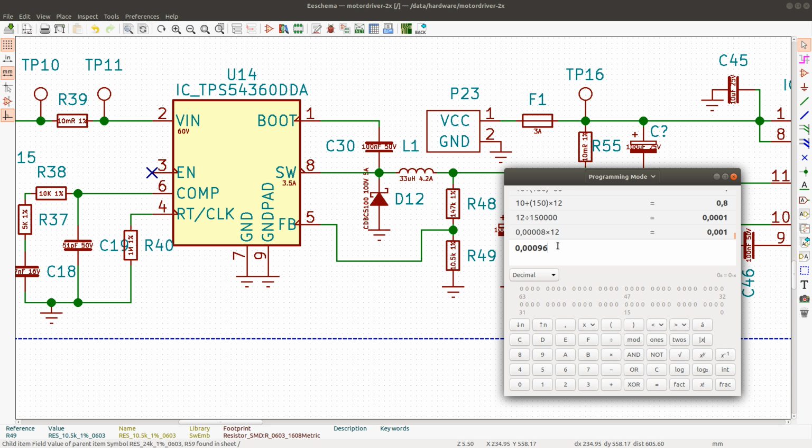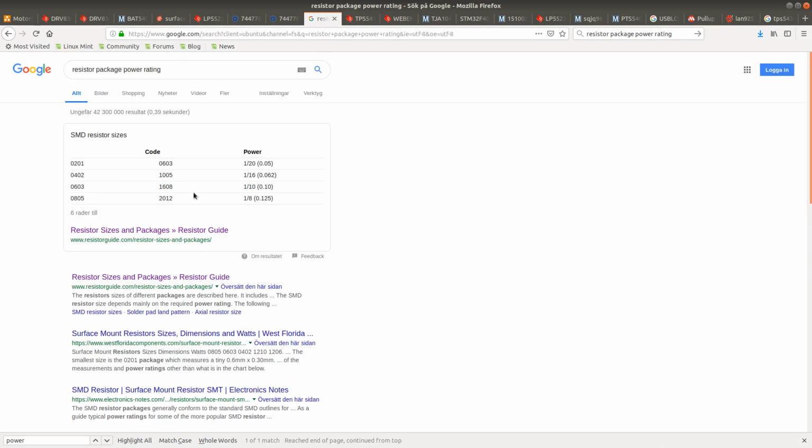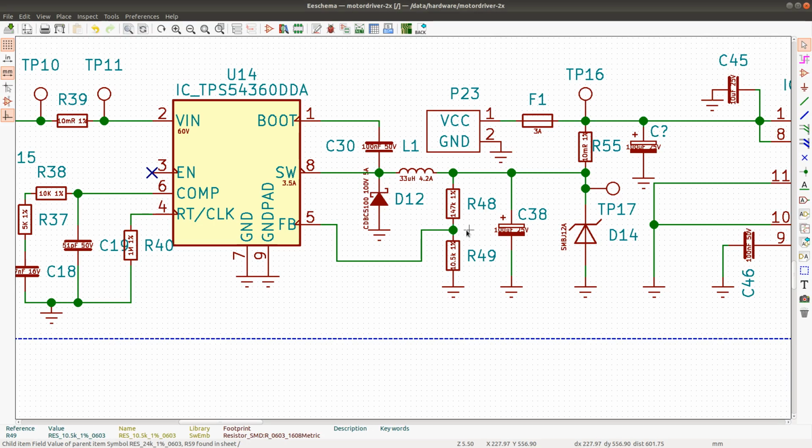So I'm not sure why they use such large resistors in the recommended schematic. Could there be something I missed? Hmm. 402 can take 62 milliwatts. This is interesting. I should be able to use 402 here. I don't think this would be an issue at all.